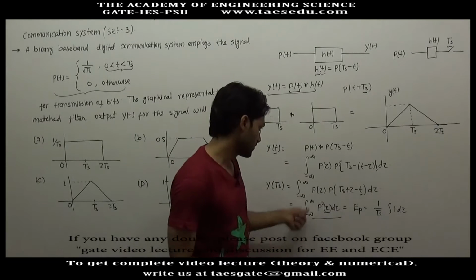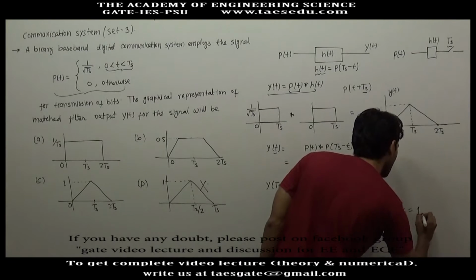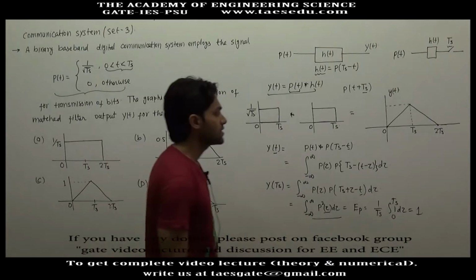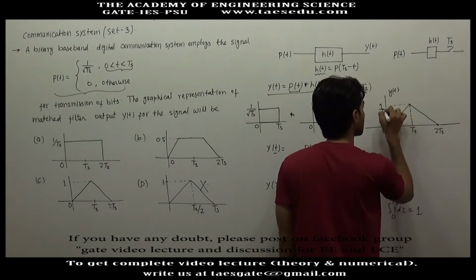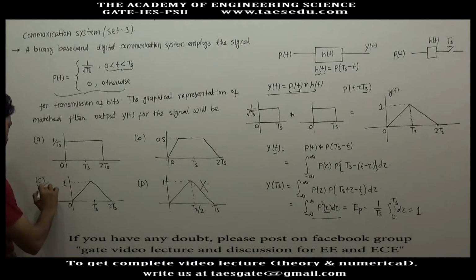So instead of this limit we will use 0 to ts. This will give you 1. So the energy of this signal is 1, that occurs at t equal to ts. So this value is 1. Okay. So this option will be correct.